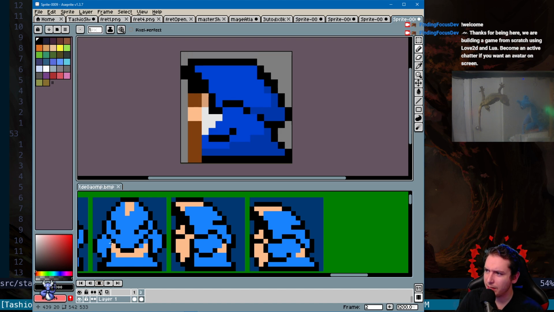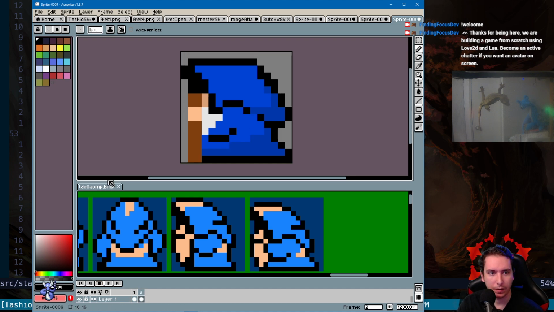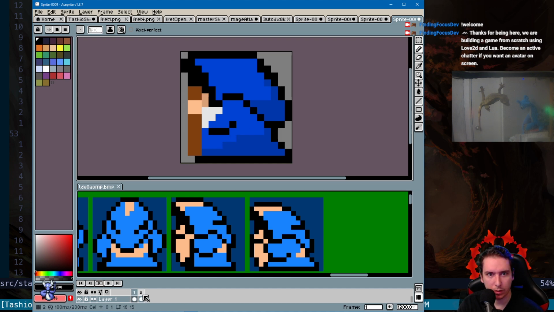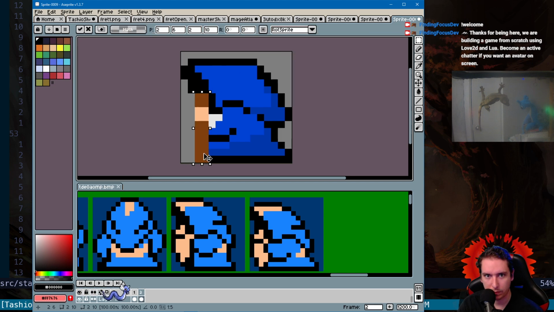I think his arm needs to move, like the staff needs to come back. On the lower one, I think the staff needs to come back so it looks like he's being pulled by it. Oh god.